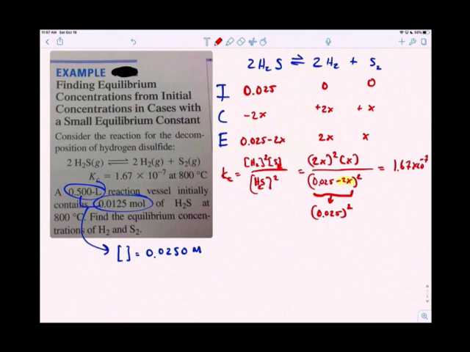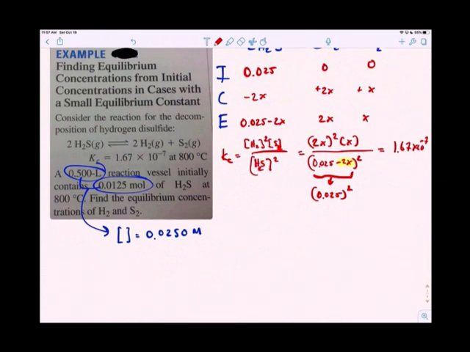Since the equilibrium constant is small, this 1.67 times 10 to the minus 7, that means we're not going to have a whole bunch of hydrogen and sulfur in this. This is an example of a reaction that does not go very far. Because of that, we can just discount that 2x and say the 0.025 minus 2x is about 0.025. And now our math becomes much easier.